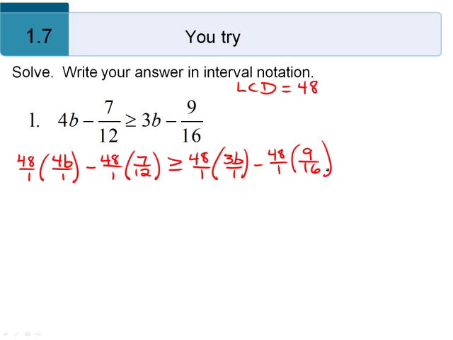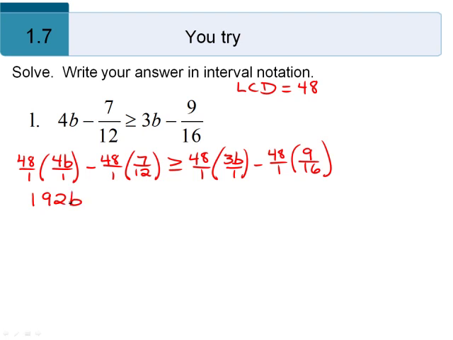All right. Now, what the heck is 48 times 4? I'm being very lazy. Where's my stinking calculator? Okay. 48 times 4 is 192.